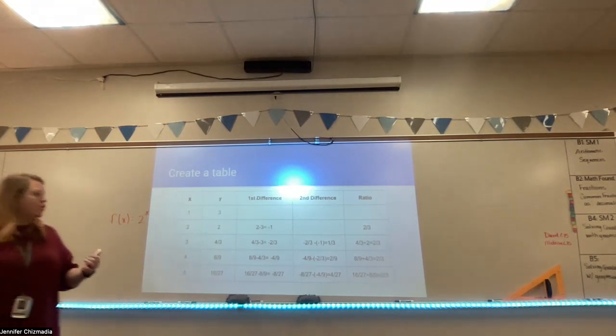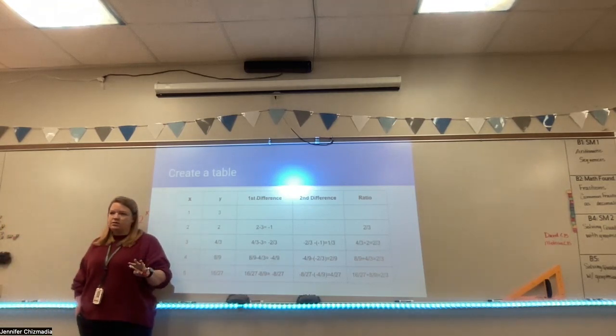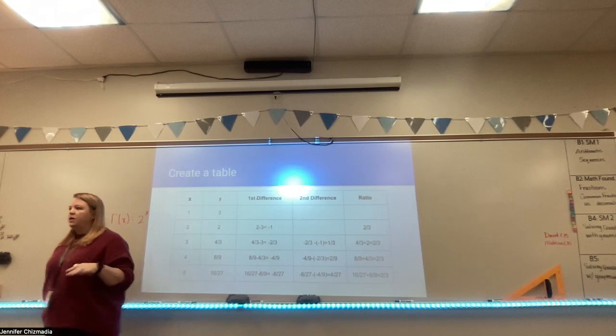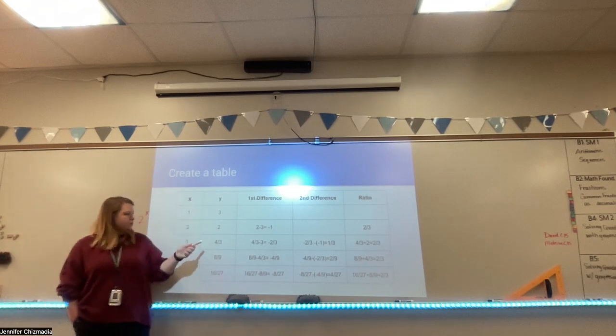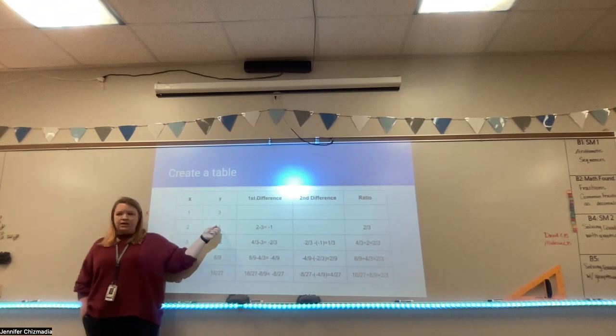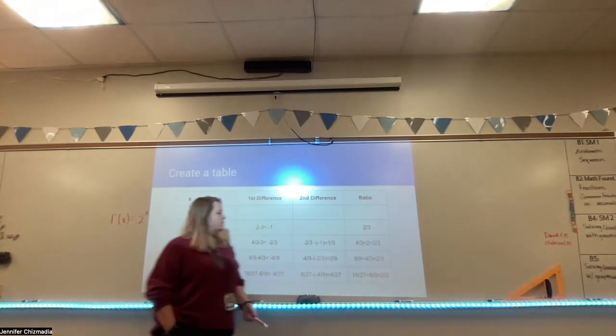Yes, exactly. So what we're doing is comparing two numbers to each other and finding out what they would simplify to. So we will take our second number and divide it by our first. So 2 divided by 3 gives me 2/3.